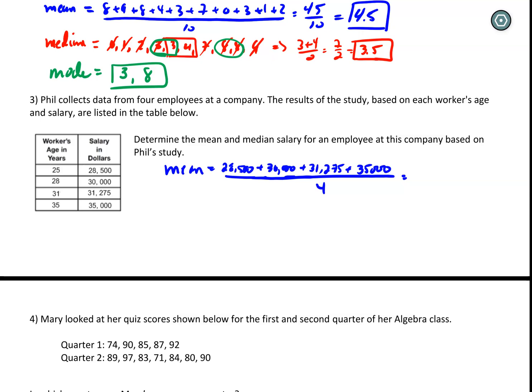And let's see, that comes out to be 124,775. If I divide that by 4, I get 31,193.75. It's money, so I'm going to put my dollar sign here. So that is the mean, the average salary based on the information that we are given.